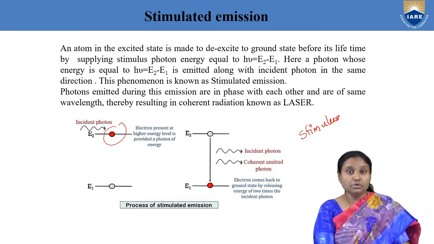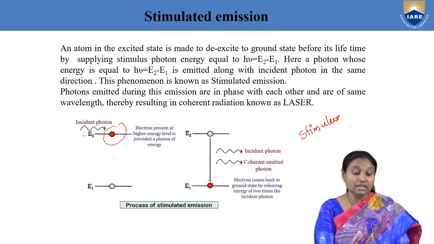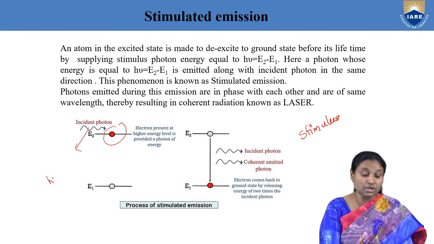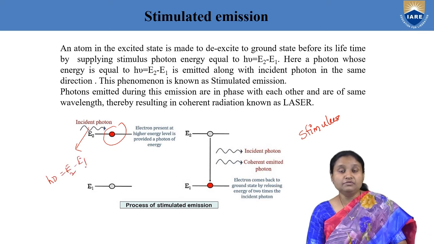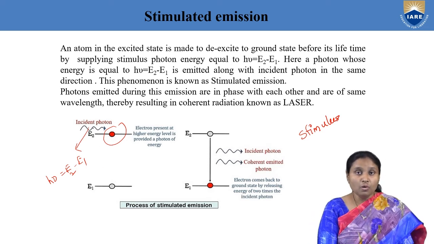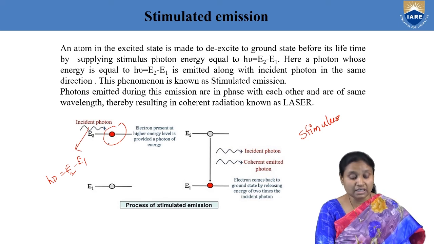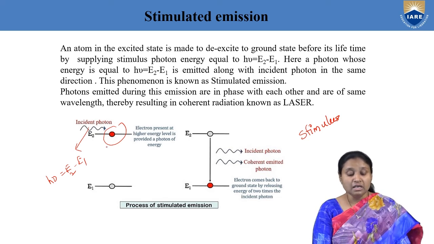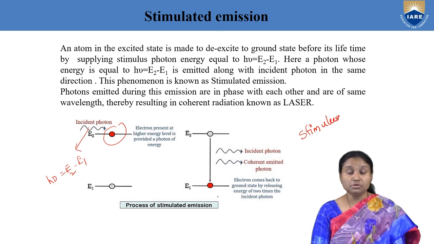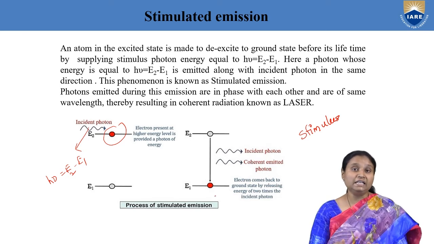So for that, I'm going to make use of one more photon, and this photon's energy should be equal to E2 minus E1. So if I make a highly energetic photon whose energy is equal to E2 minus E1, and it collides with this atom which is in the excited state, then we'll observe that the atom will lose its energy and come down to ground state. So stimulated emission, stimulating means forcing.